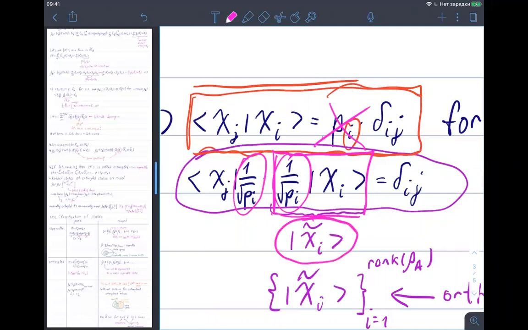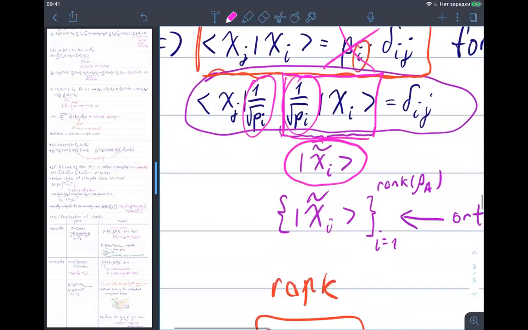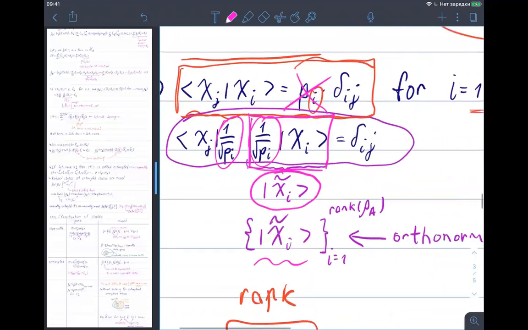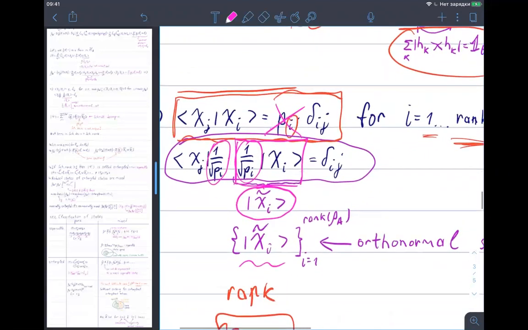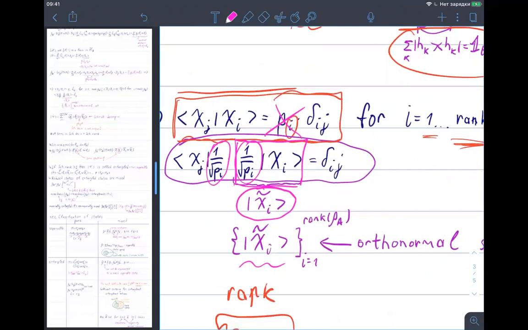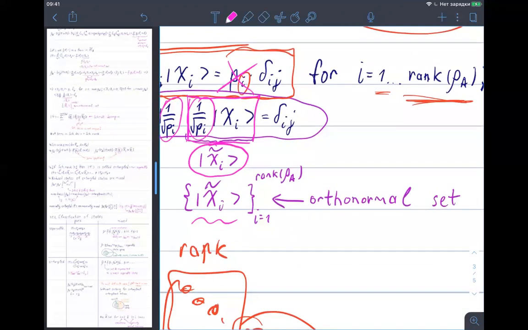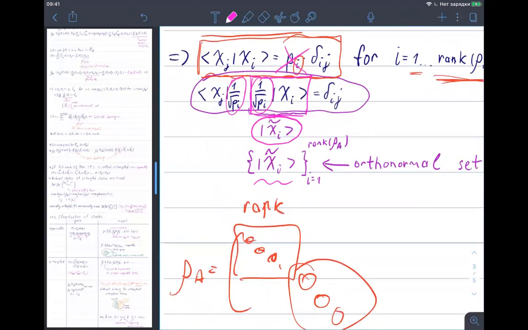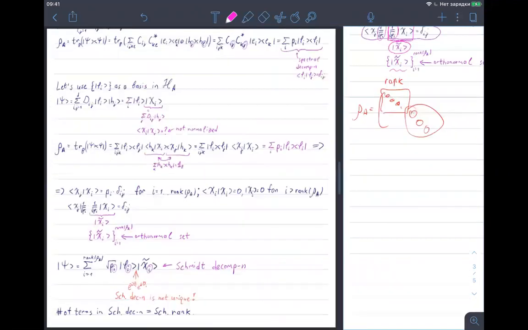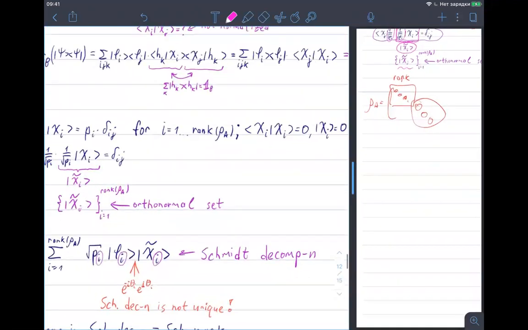The idea is that I would like to obtain a set of vectors, which I denote h_i tilde, in such a way that it is already orthonormal. I know that they are orthogonal to each other already, and after dividing by square root of pi, they are not only orthogonal, but they make an orthonormal set.